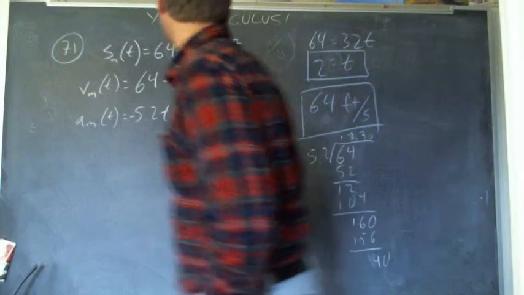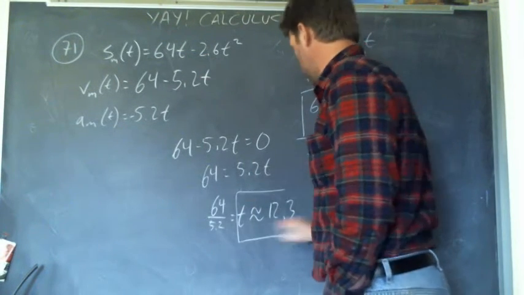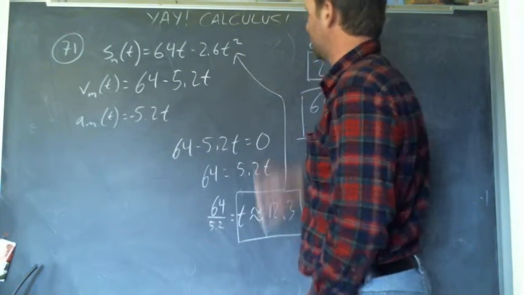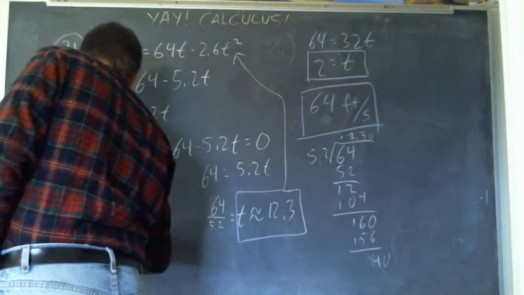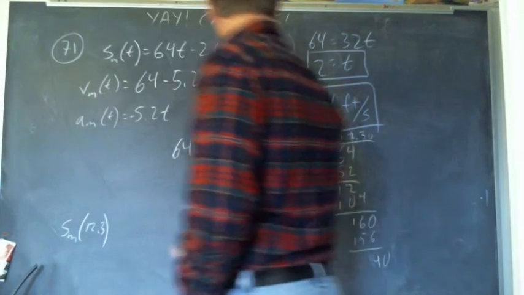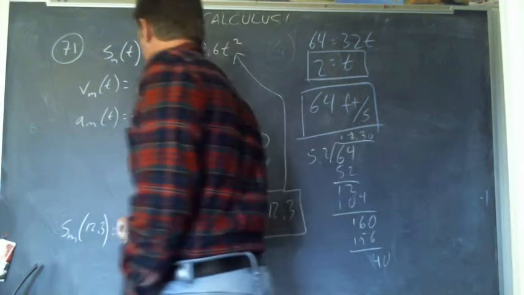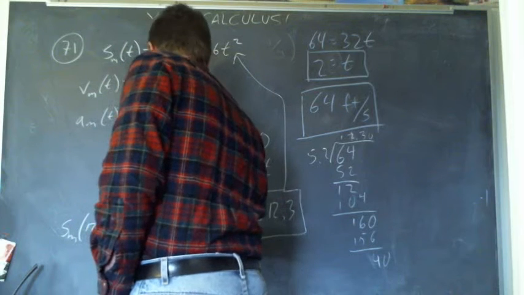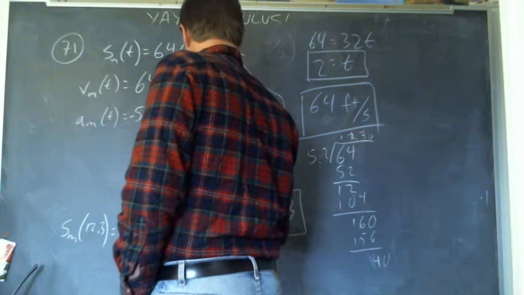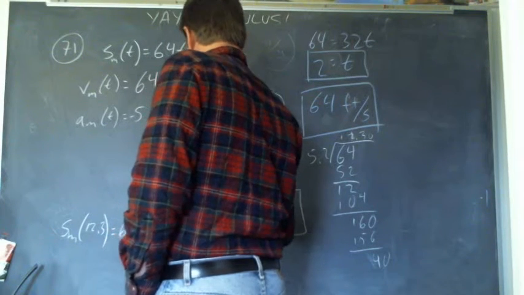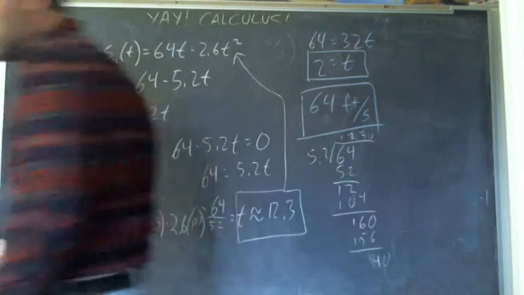And how high will it go? So there's our original position function, into which we need to set this. Our new height at 12.3 seconds will be 64 times 12.3 minus 2.6 times 12.3 squared, which we'll assume the book is right.